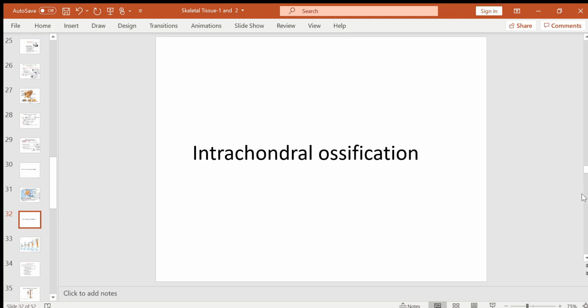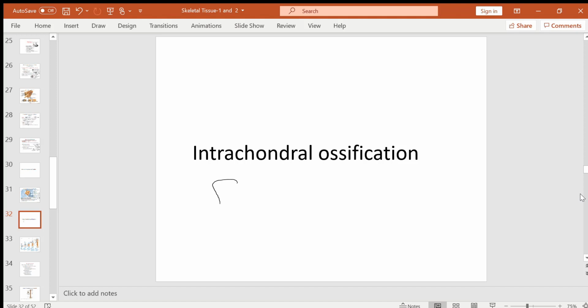Now we'll talk about the endochondral ossification, how the hyaline cartilage becomes a bone. Okay, most of the bones are formed this way. So let me just go over the steps you need to remember.